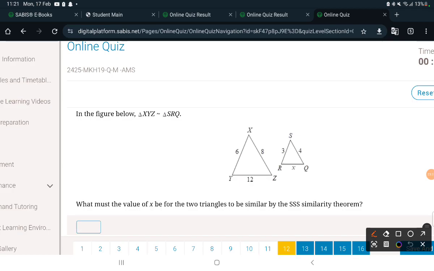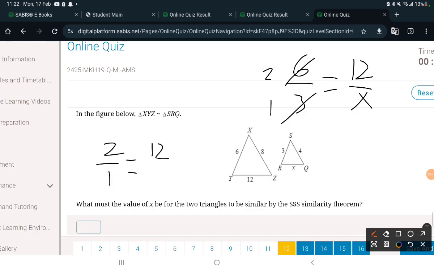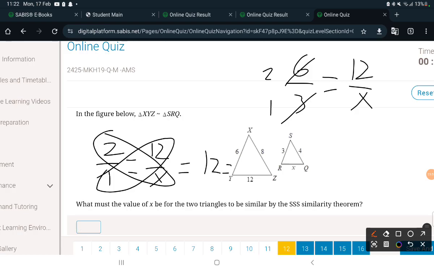Okay, so triangle XYZ is similar to triangle SRQ. This is just the proportionality theorem. 6 over 3 equals 12 over x. Simplify. Divide 6 by 3, that's 2. 3 divided by 3 is 1. So 2 over 1 equals 12 over x. 2 multiplied by x is 2x. 1 multiplied by 12 is 12, so 12 equals 2x.